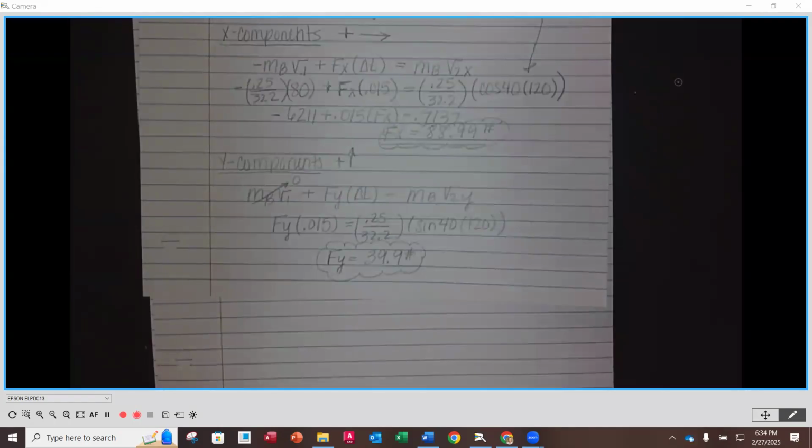Excellent, awesome. I got 39.9. I stopped mine there. And now because we have the X and the Y directions of this force, we can use Pythagorean's theorem to solve for the resultant of these two, which would be our average force of our impulse. So that's what we're going to do next. And I just want to give you time to make sure you get 39.9, and then we'll calculate our force using that Pythagorean's theorem.